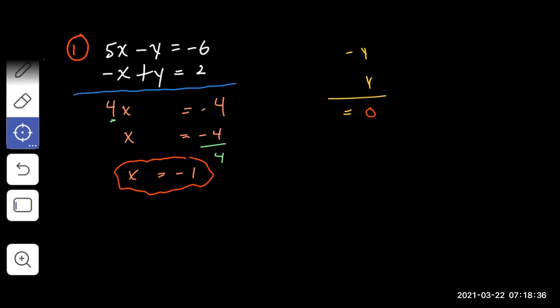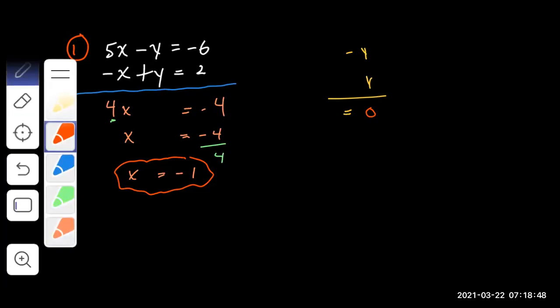The second step will be to substitute this into either the first or second equation, and then I find y. Let me know which equation you want to take. Sorry that I didn't label them. I used to say that this is number one and this is number two. Which equation do you think is best to substitute, guys?